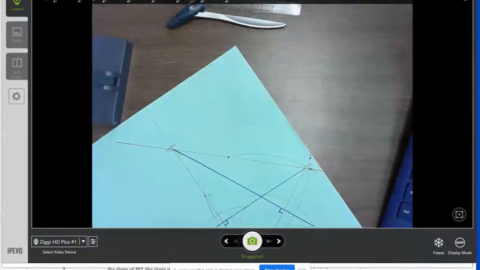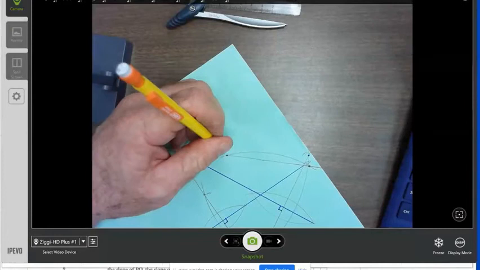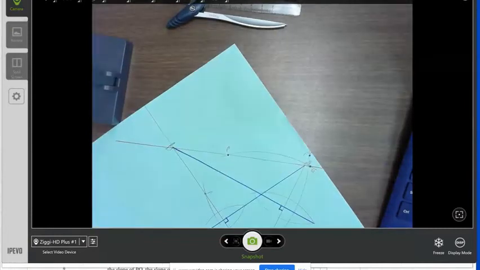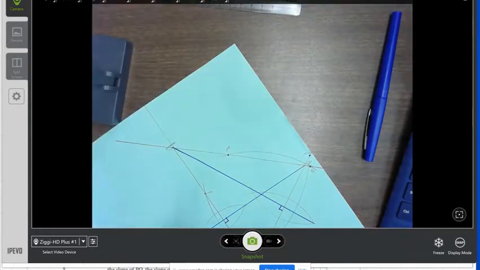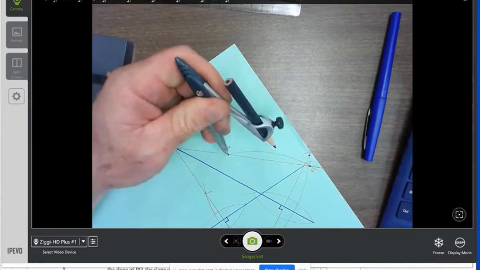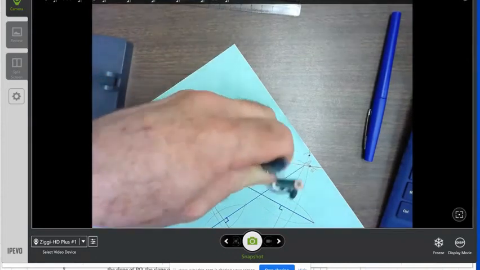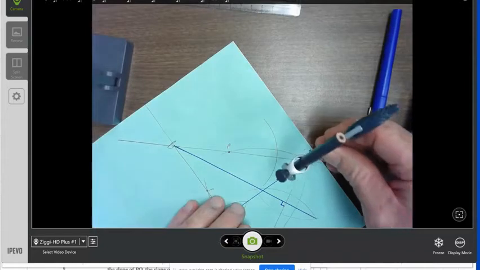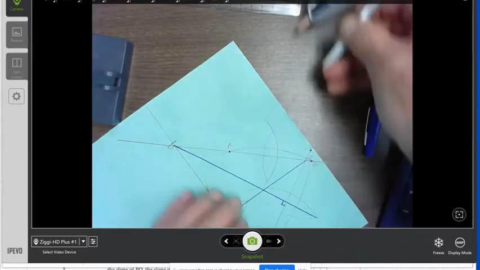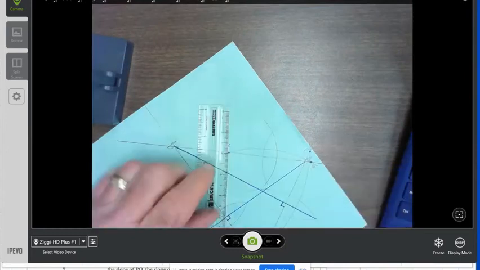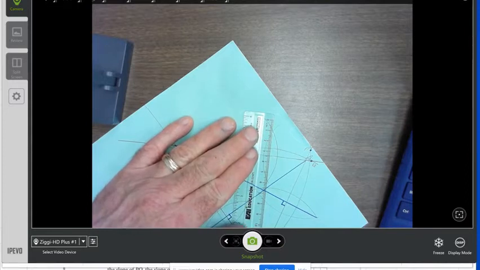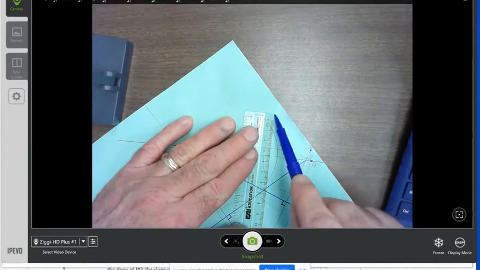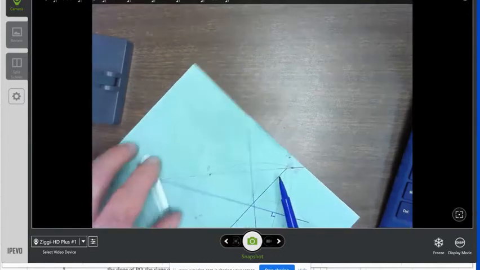So I'm calling those P and Q. And now I'm going to do the perpendicular bisector of PQ. And if I did everything right, it should pass right through point C. So there's my third altitude.